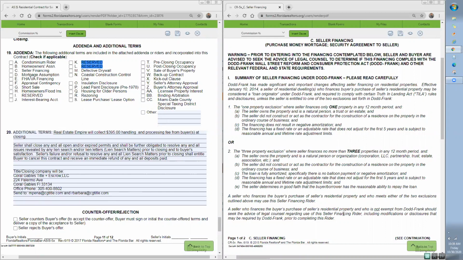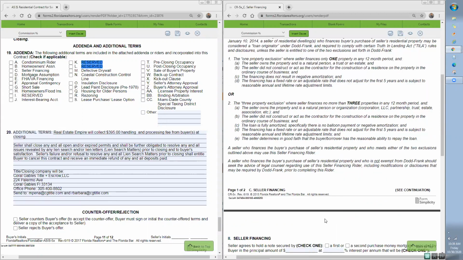So, hey, Mr. Seller, I want to buy your property. I have $500,000 approved already, but I'm going to need a $300,000 seller contribution, I'm sorry, seller financing, in order to complete. And these are the terms I want for seller financing, right? Not always are they going to be accepted. They may be negotiated, but that's what this document is for, okay?